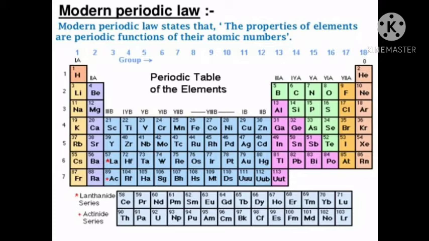The 13th group is the boron family, 14th the carbon family, 15th the nitrogen family, 16th the oxygen family, 17th the halogen family, and in the 18th, inert gases or zero group elements or rare gases are present. Below the 7th period, the lanthanide series and actinide series are present.